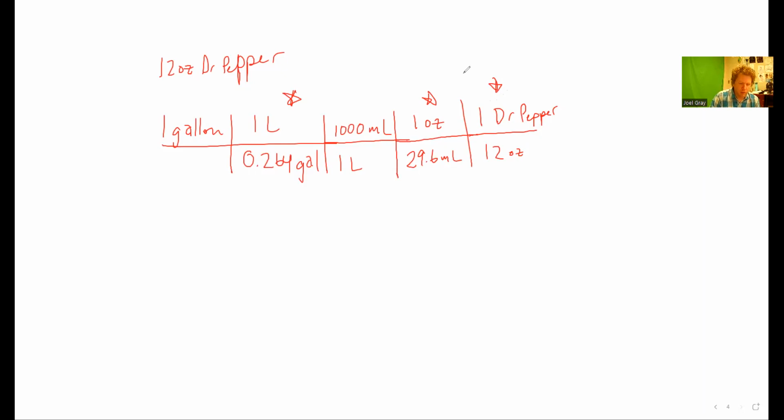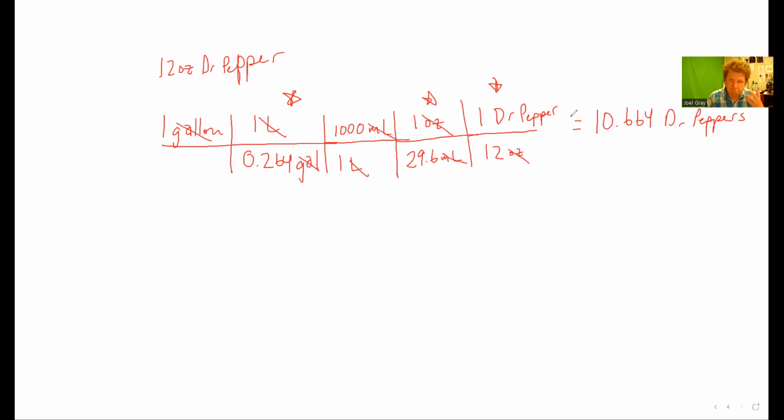So I'm going to multiply 1 times 1,000 divided by 0.264 divided by 29.6 divided by 12. And what I'm going to get is 10.664 Dr. Peppers. So my gallons would cancel, my liters would cancel, my milliliters would cancel, my ounces would cancel.